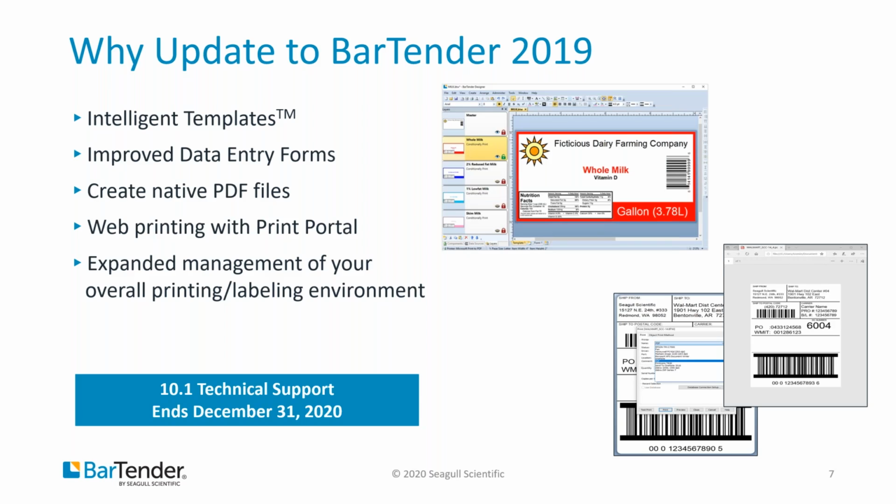Before we begin, let me quickly summarize why you should update to our latest software release, BarTender 2019. There are a couple of major reasons to update. First, as you probably are aware, 10.1 is end of life on December 31st, 2020. That's a couple of months away, the end of this year.